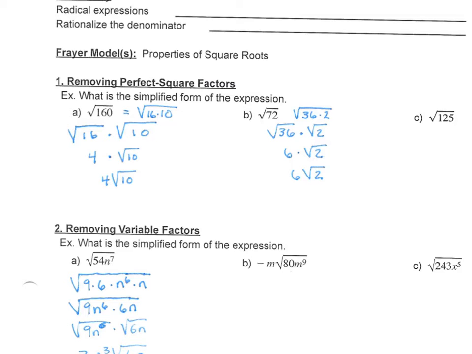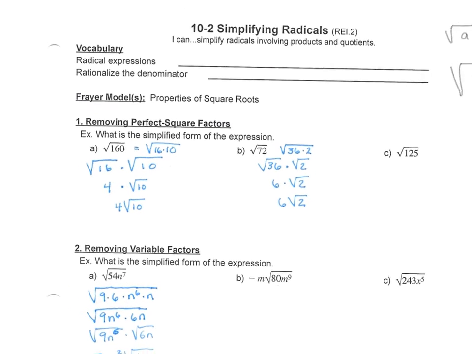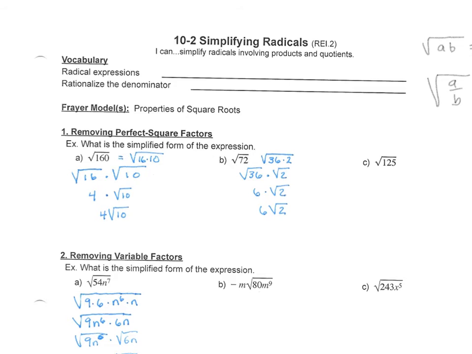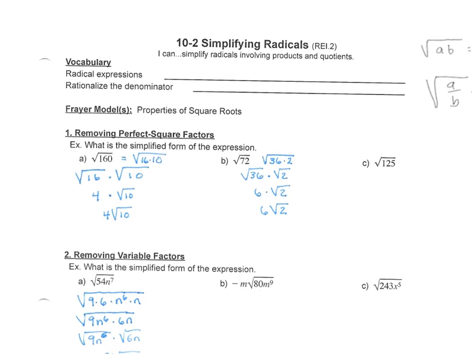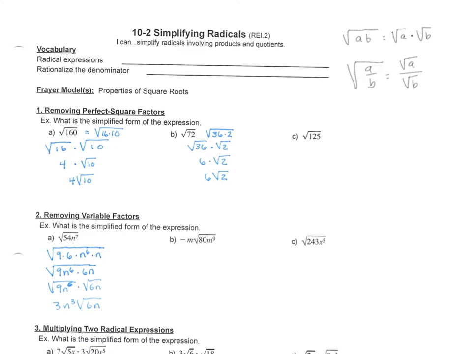Okay, so as we continue here, we're going to talk about removing perfect square factors. And what we need to do is remember our perfect squares. I call them the very important products, right? Perfect squares would be 1 squared, or 1 times 1, is 1.